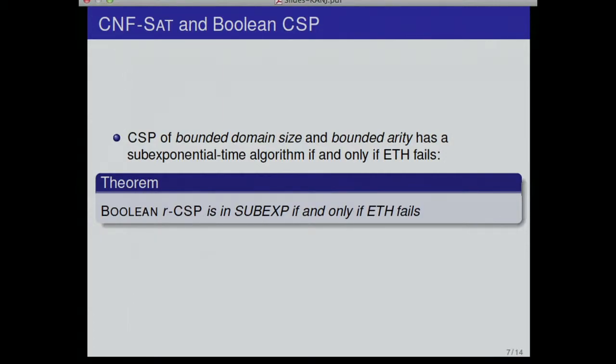On the other hand, because you have bounded domain size and bounded arity, you could take every constraint and encode it using a constant number of 3-CNF clauses, still using the same set of variables. So this gives you both directions. That's very easy to see.